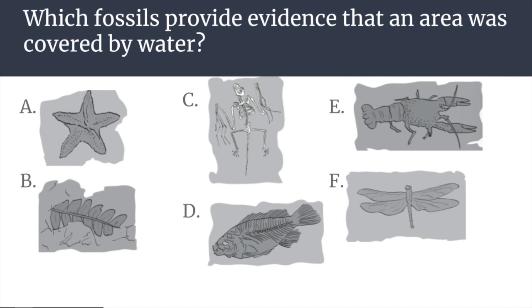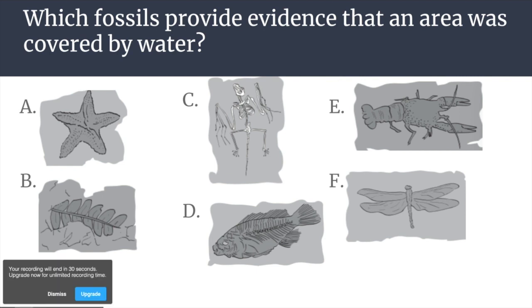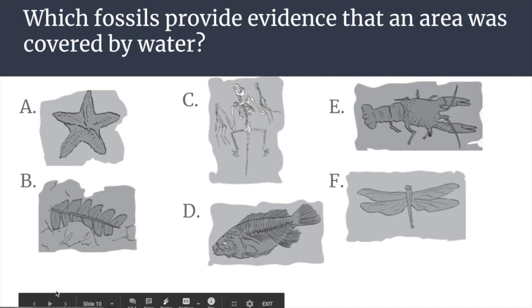Now, the next question says, which fossils provide evidence that an area was once covered by water? I have 6 different fossils. Which of these 6 do you think shows evidence that they were once near water?